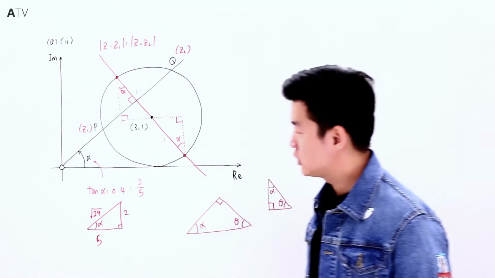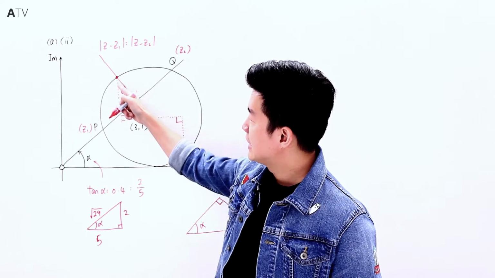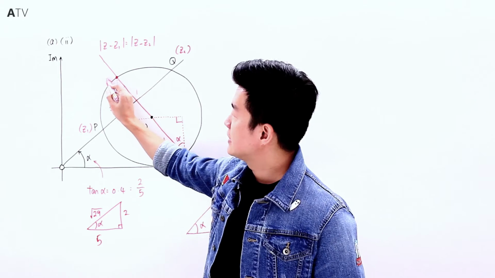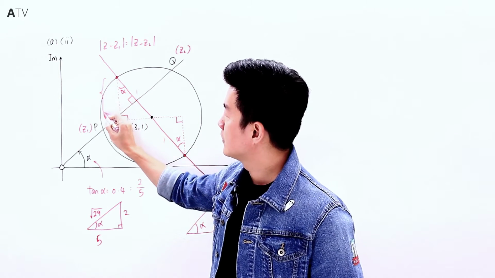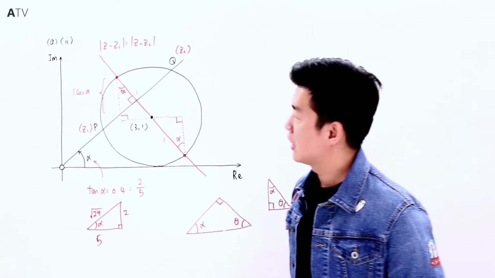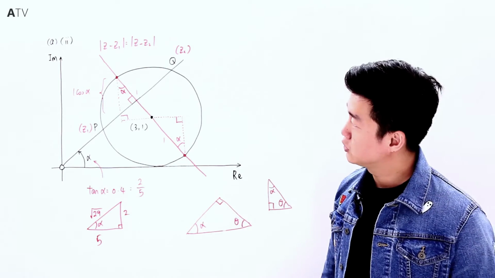square root of 29. Which means that if I were to reference this vertical distance to alpha and 1, this distance here is actually 1 cosine alpha. And from here, cosine alpha is 5 over square root of 29.